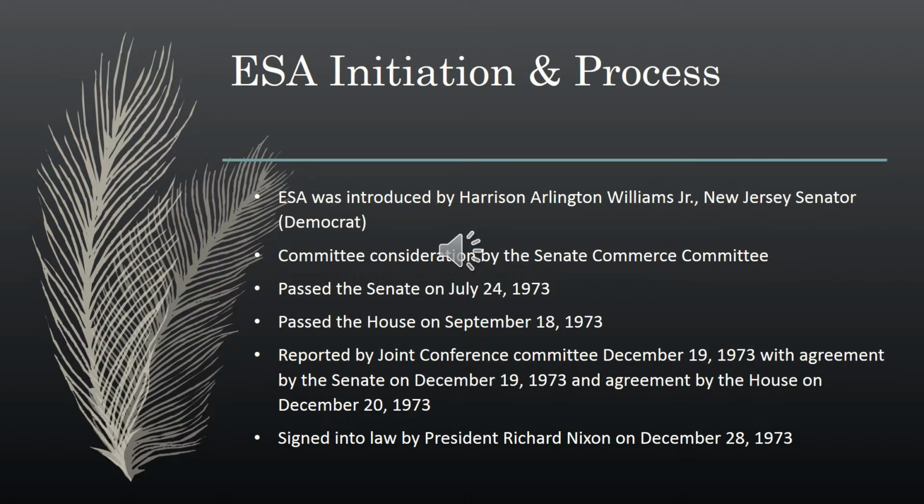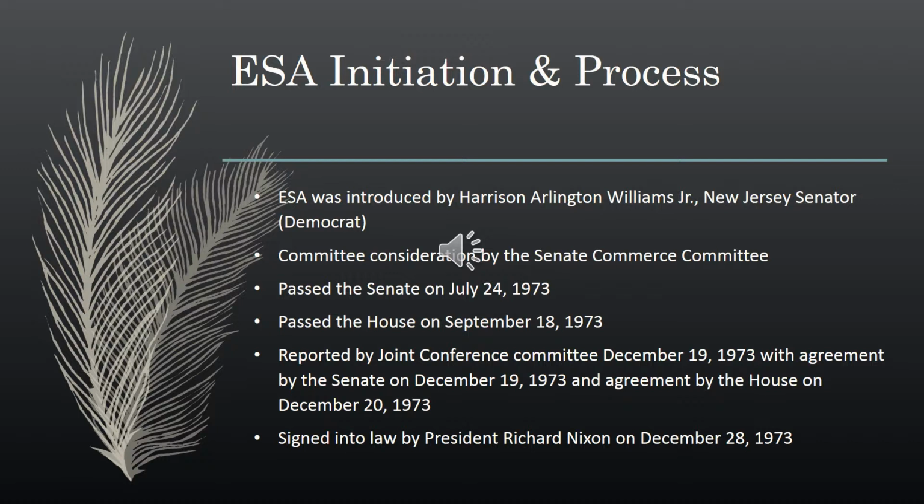Endangered Species Act initiation and process. The ESA was introduced by Harrison Arlington Williams Jr., a New Jersey senator, and he was a Democrat. Committee consideration was by the Senate Commerce Committee, and the act was passed by the Senate on July 24th, 1973, and it passed the House on September 18th, 1973.